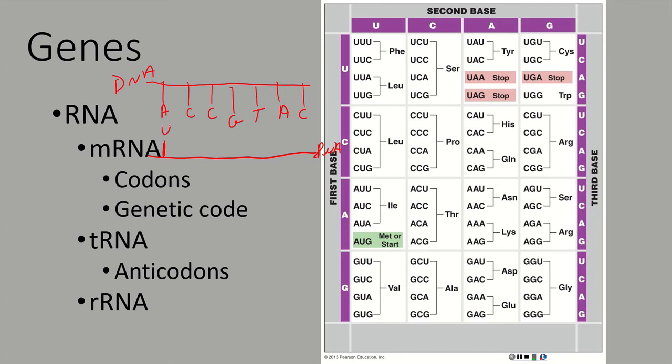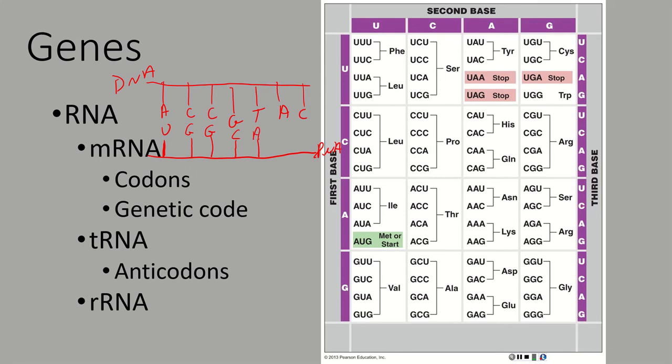Instead, we put a U. And if we have a C on the DNA side, what do we lay down? G. If we have a G on the DNA side, what do we lay down in the RNA? C. If we have a T on the DNA side, what do we have on the RNA side?